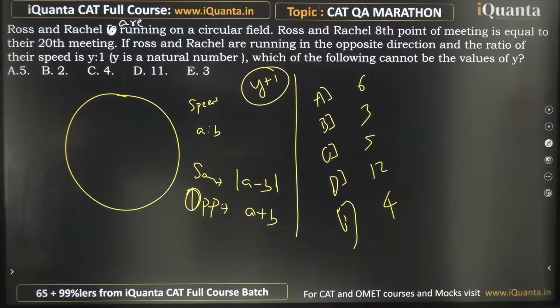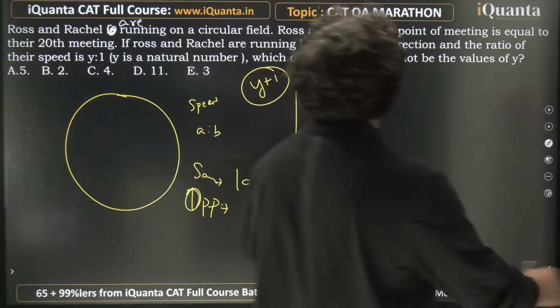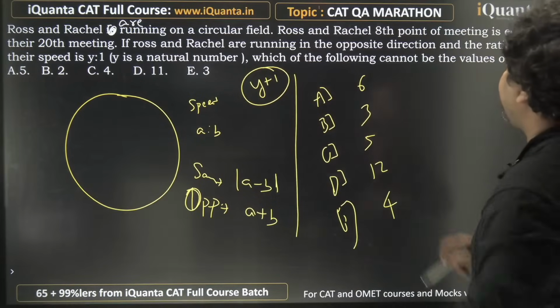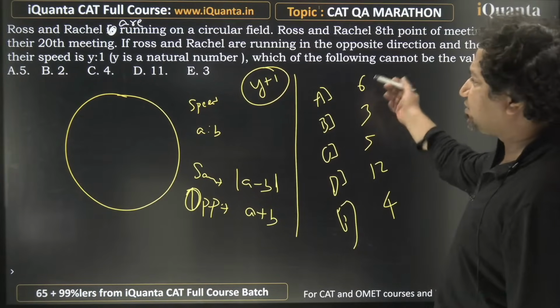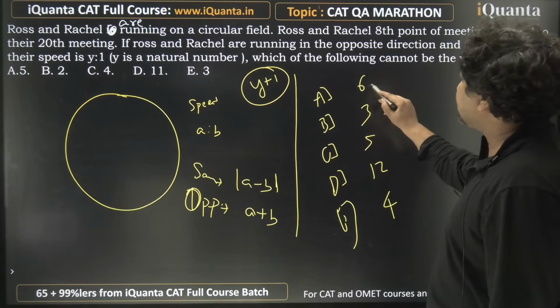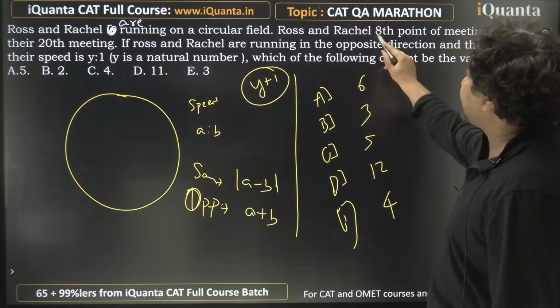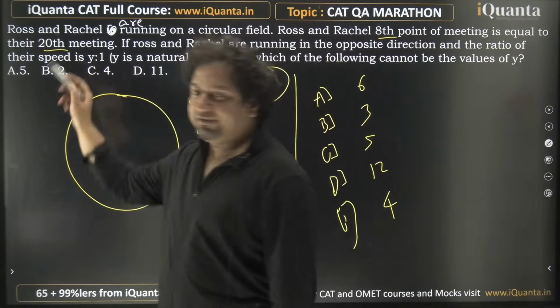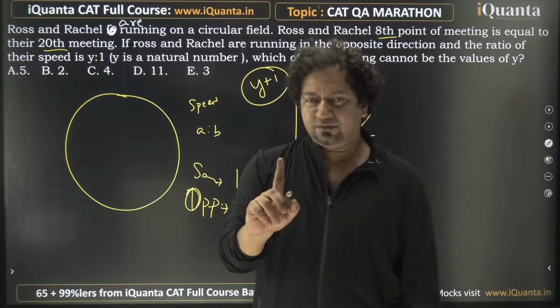Okay, so these are meeting points we have. Now we can try to understand. If there are 6 points on the track, 6 meeting points, तो 8वां point वही होगा जो दूसरा होगा. Right? If this is true, then 6 when divides 8 or 20 will leave the same remainder. Yes or no?